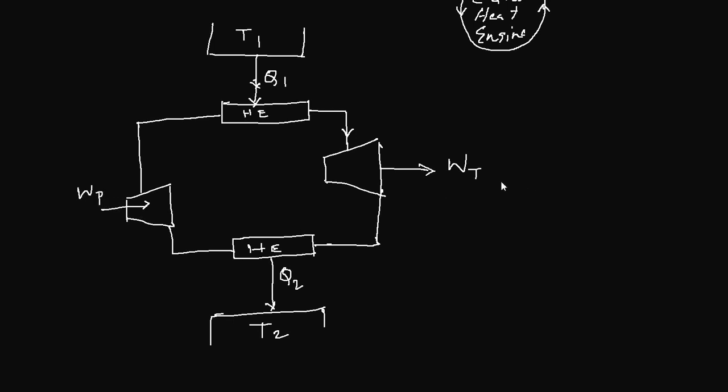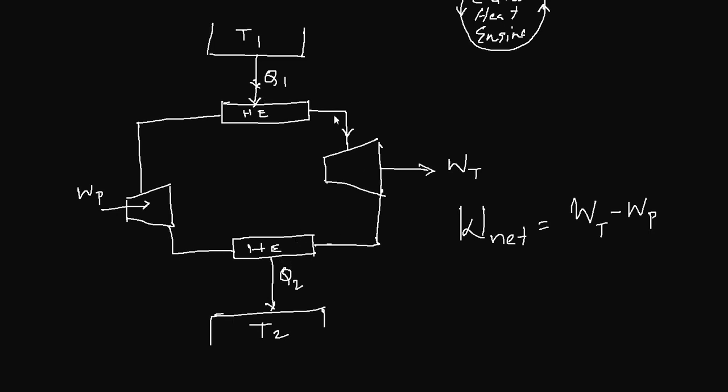So the net work output from the reversible heat engine cycle will be the turbine work output minus the pump work, and your net heat input will be Q1 minus Q2.